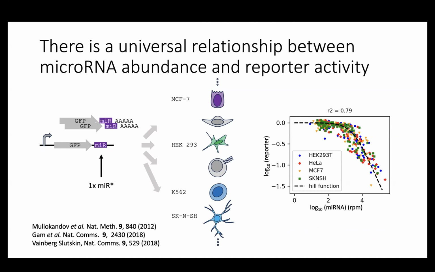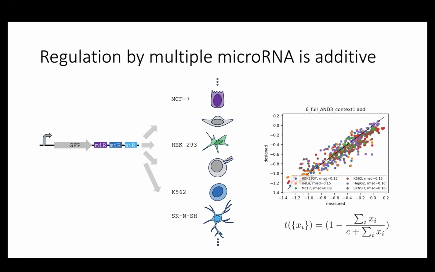And the thing that's still kind of amazing to me is that this seems to hold more or less across all microRNA sequences, independent of the identity of the microRNA, or even independent of any major cell type specific effects. So this is cool, right?